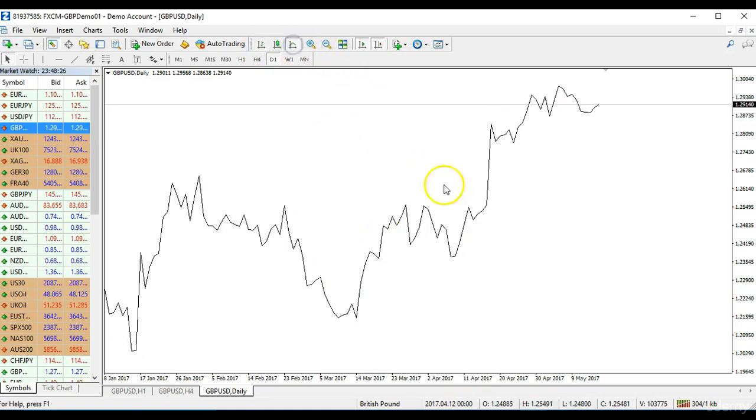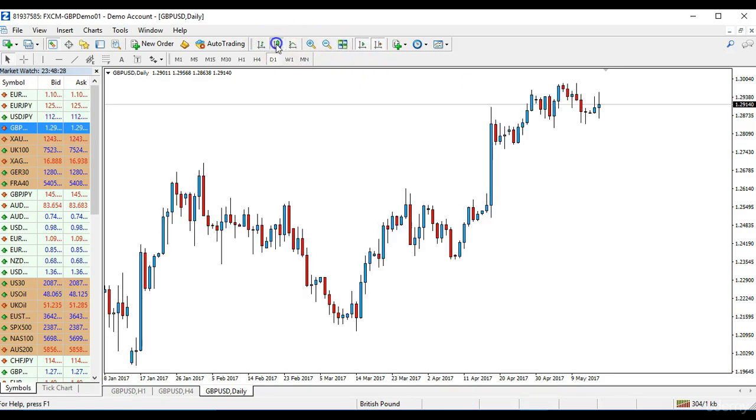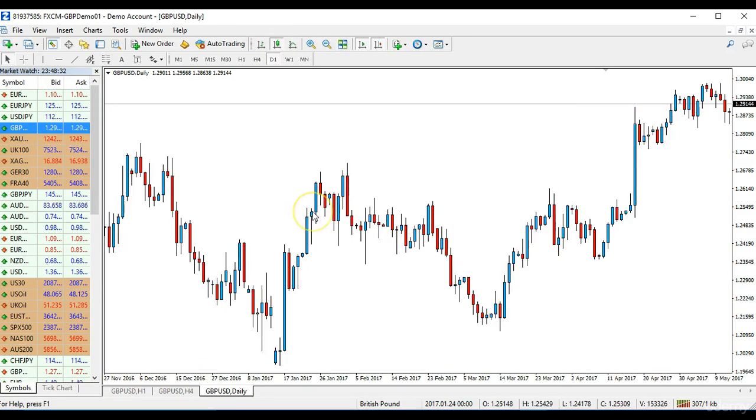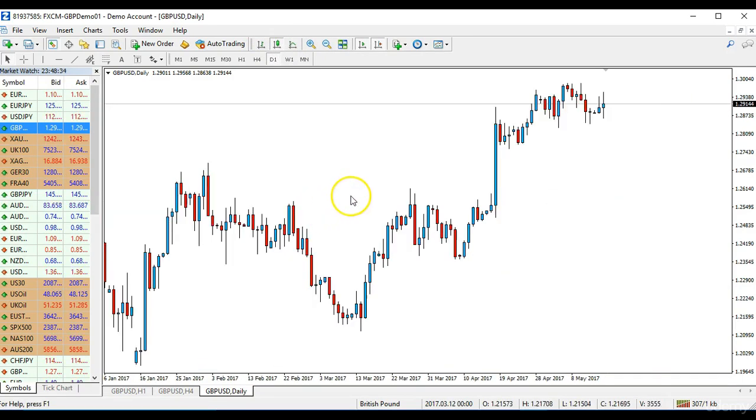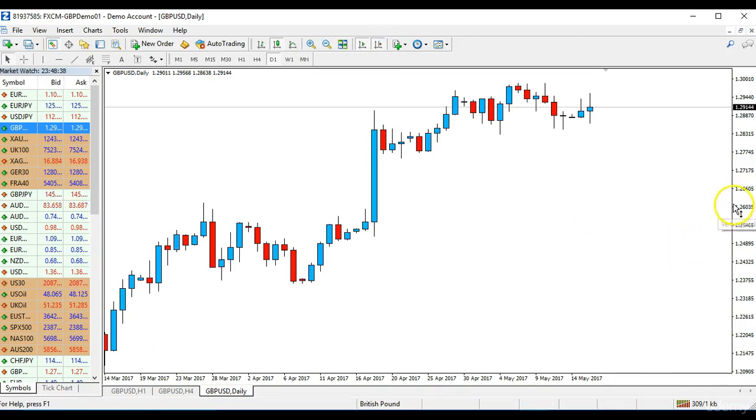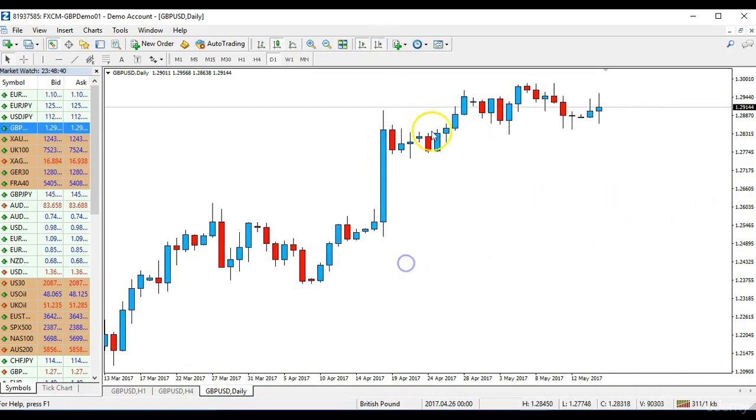You can click this, which gives you a line, and you can click this, which gives you candlesticks. I use candlesticks because I just find that candlesticks are the easiest and most efficient way to understand what's going on in the market.